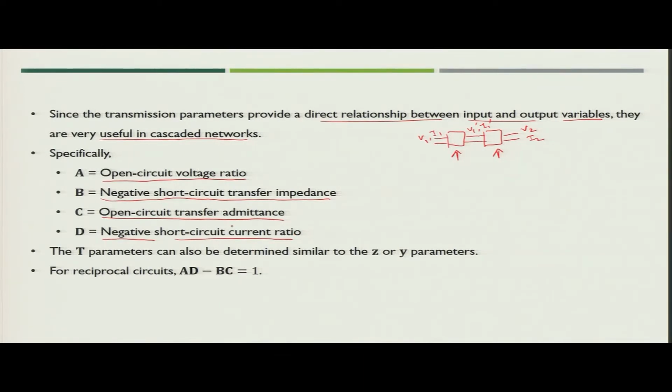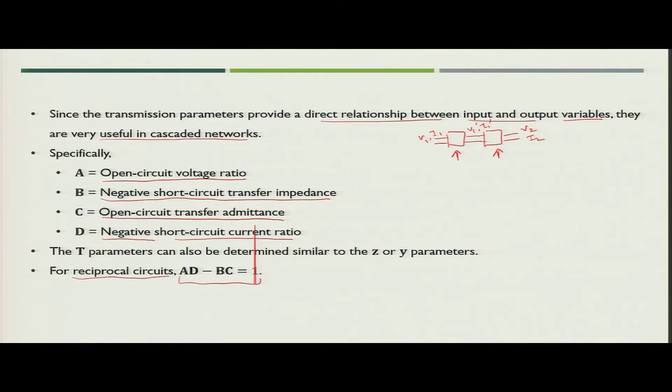Now, one of the important properties of the ABCD parameters is that if you want to see whether a particular two port network is reciprocal or not, you need to find out with the help of this condition. If AD minus BC equals 1, we will say that the circuit is reciprocal.